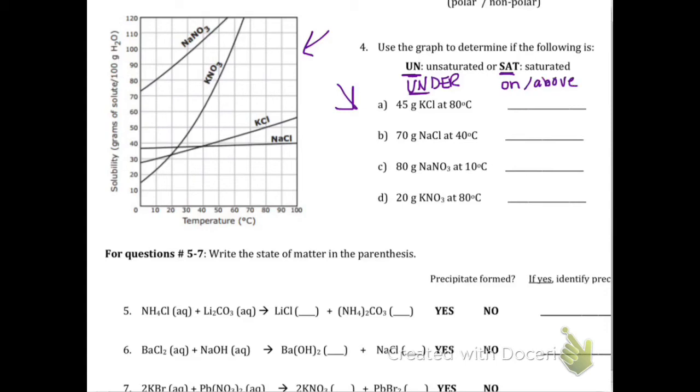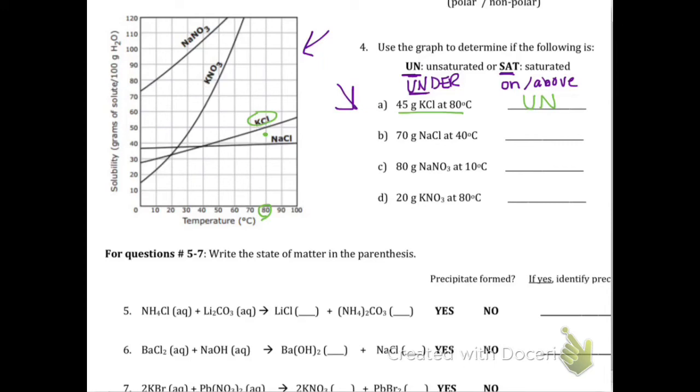Let's do this question right here. 45 grams of KCl at 80 degrees. You're going to look for 80 degrees, then go up to 45, which is right here. According to the KCl curve, is it under, on, or above? It is under, so it is unsaturated.